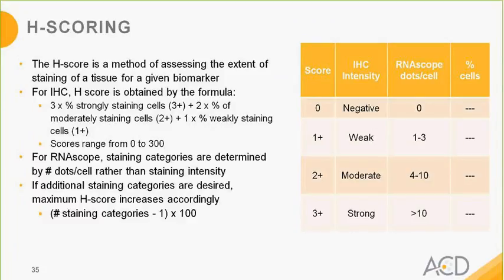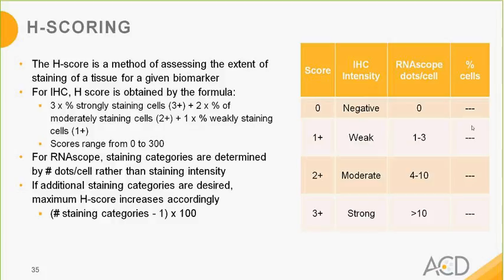As for IHC, H-scoring is also compatible with RNAscope. For those of you who are not familiar with H-scoring, it's basically just a method of assessing the extent of staining for a biomarker in a given tissue that incorporates both staining intensity as well as the percentage of cells with given staining intensities.